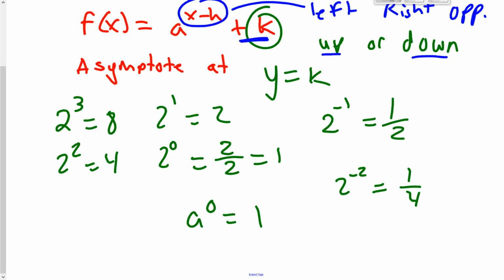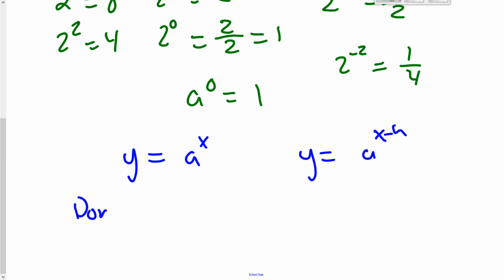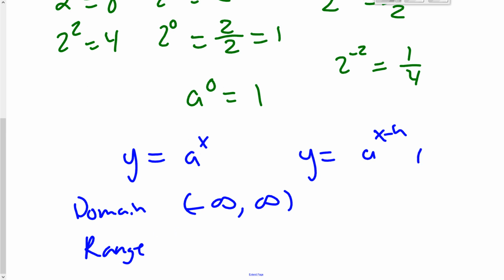So on a traditional one, when nothing's being added, so when it's just y equals a raised to the x, or even y equals a raised to the x minus h, then our domain will always be from negative infinity to positive infinity, and our range will be, well, I can even say plus k is fine too, because on the first one our k would be 0, right?